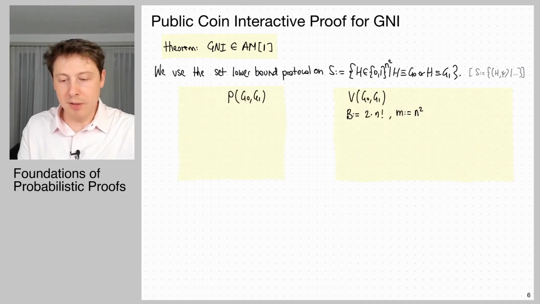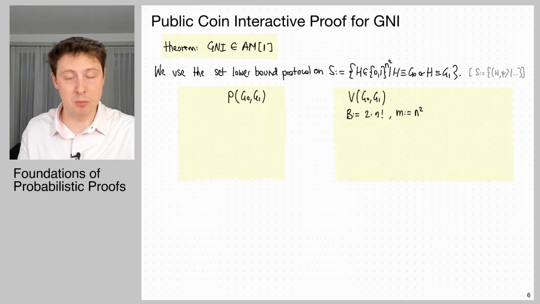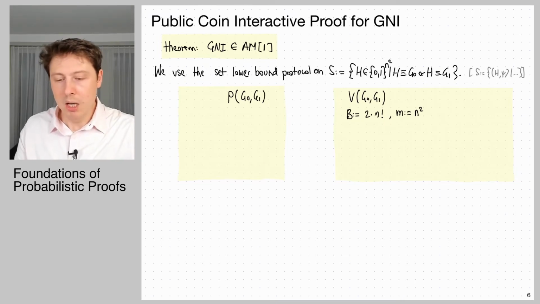The prover and the verifier receive the two graphs as input. The prover wants to convince the verifier that the two graphs are not isomorphic. We're going to set the bound B to be what this set should be when they're not isomorphic, so it is 2 times n factorial. The input size of the hash function is n squared in this case.